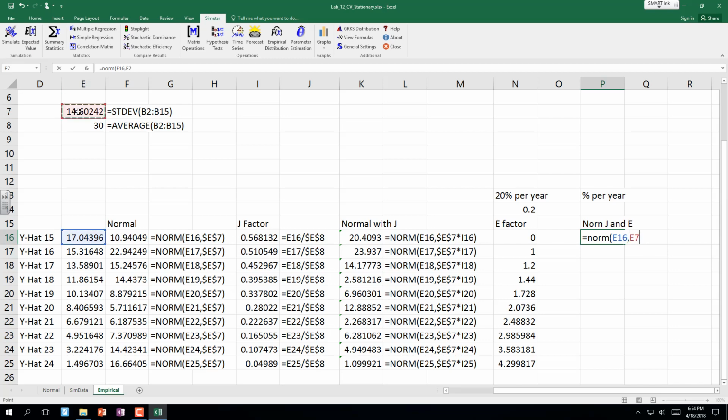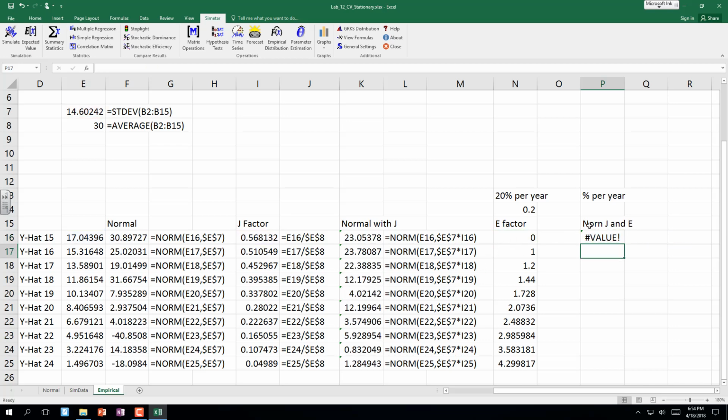I want the actual standard deviation, F4, multiplied by the J factor, and then multiplied by the expansion factor. If you use the expansion factor, you must use the J factor, because J factor brings it back to a normalized value. Parenthesis, enter.